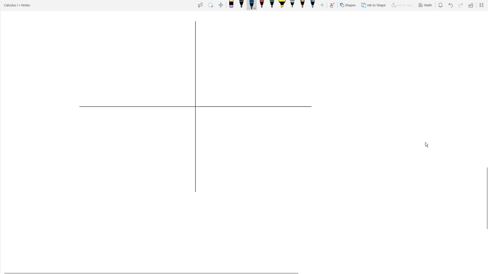Similar to the graph that we saw up above, if we have a graph that jumps and starts again, we know that as we approach point A from the left, we're going to approach a different value than if we approached A from the right.